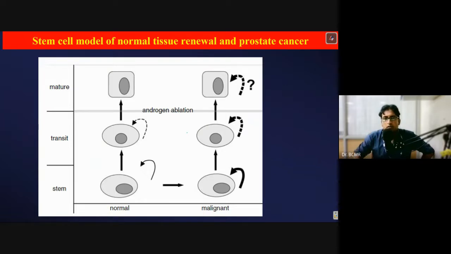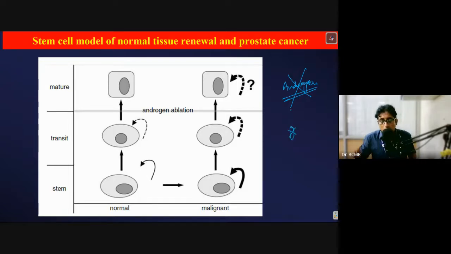So, what is one of the ways to treat cancer stem cells? What we have learned is that androgen is important for the survival and growth of luminal cells. And if we remove the androgen, then the luminal cells may die as well.